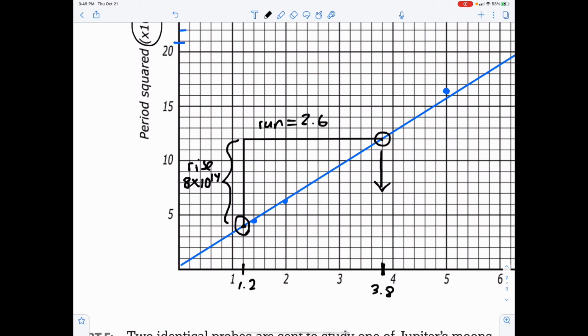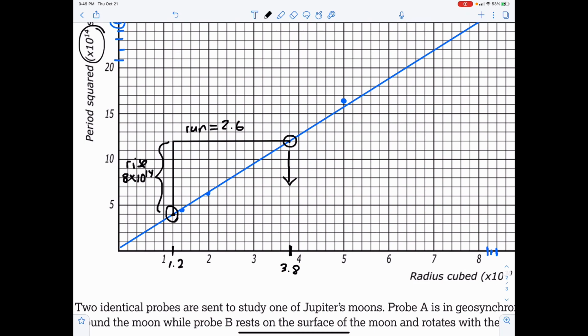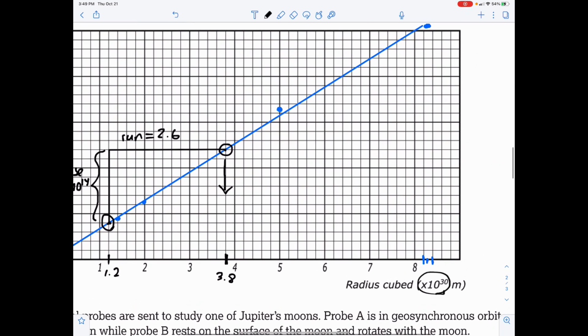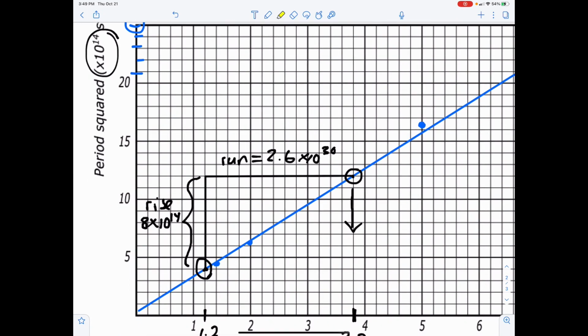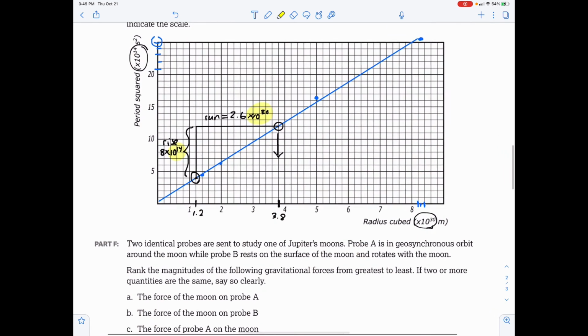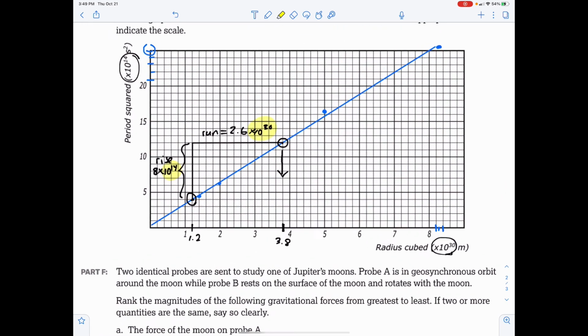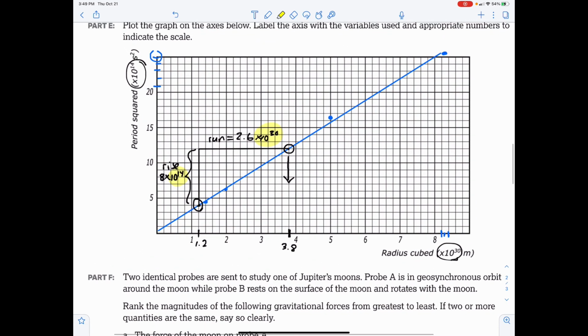Now, it's not 2.6 necessarily, it's 2.6 times 10 to the 30. So you have to make sure your rise and run have the appropriate suffix for the scientific notation, okay? Because that's really going to make the slope much more accurate. Okay, so we got that part.